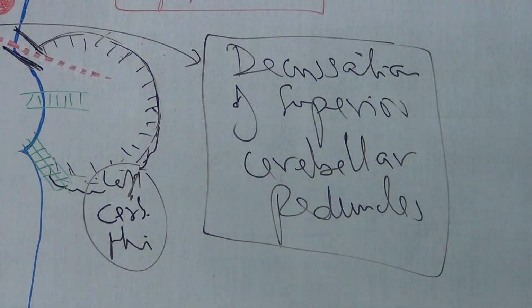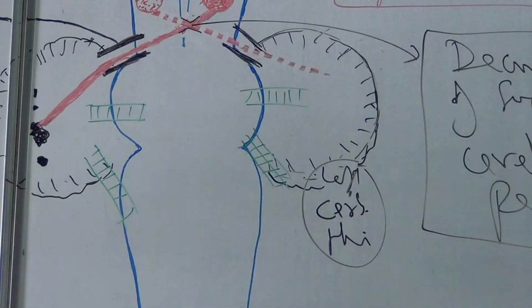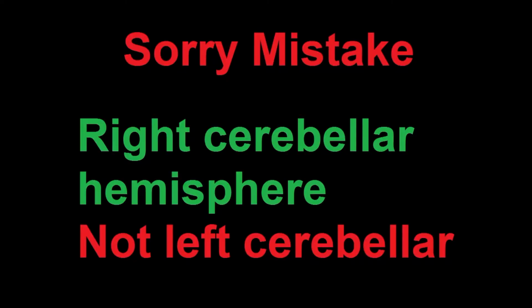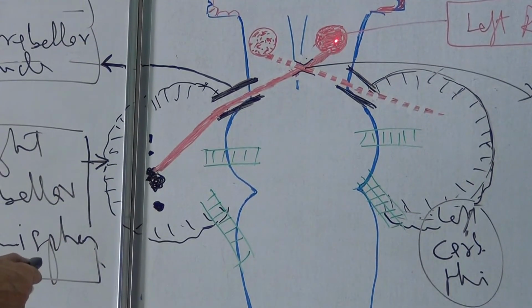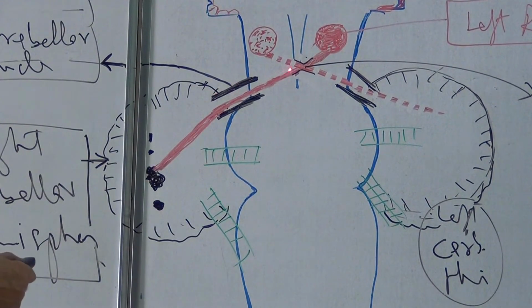Now in this way, the left cerebellar hemisphere is connected with the left red nucleus via the right superior cerebellar peduncle.